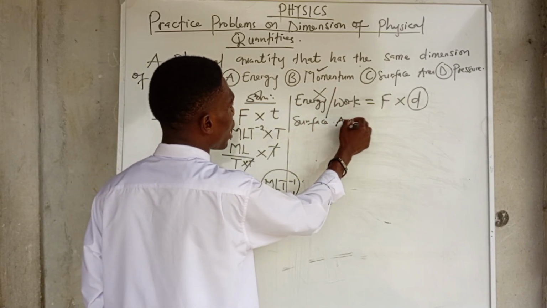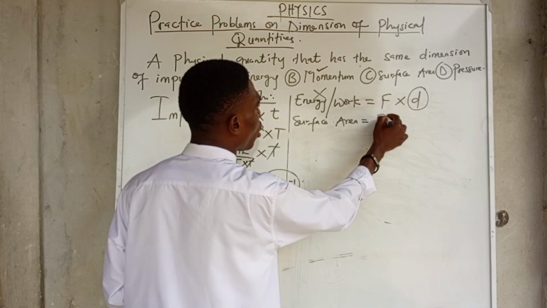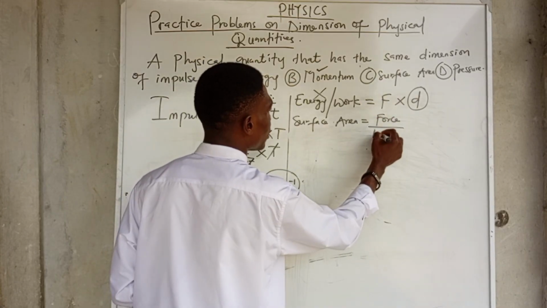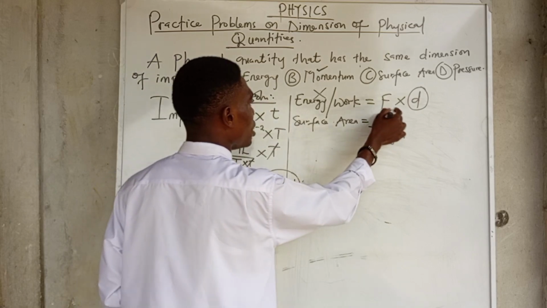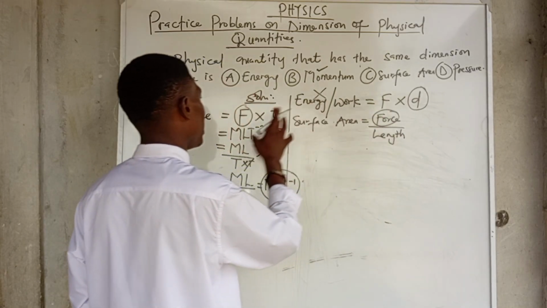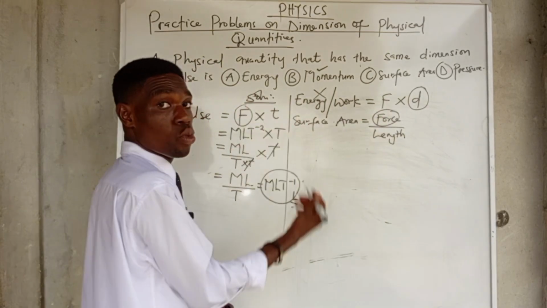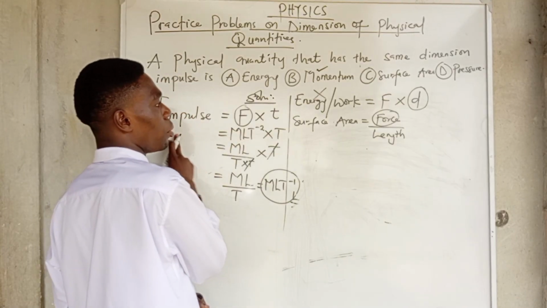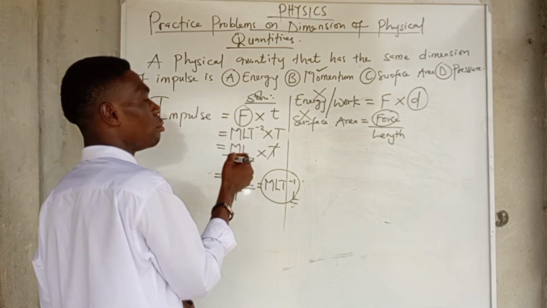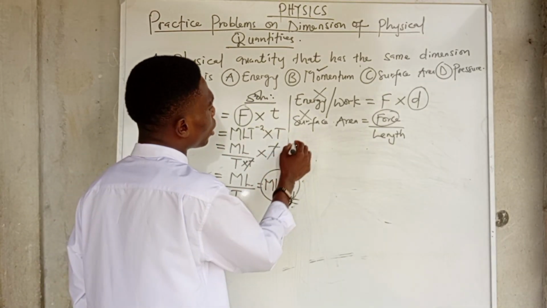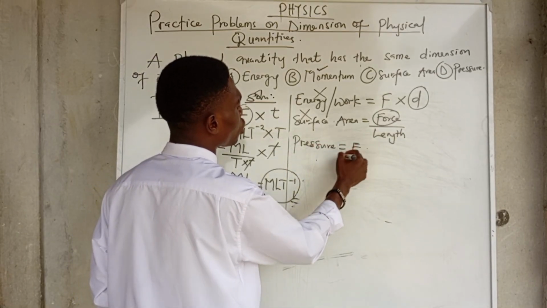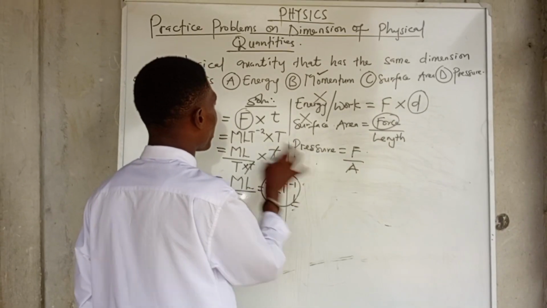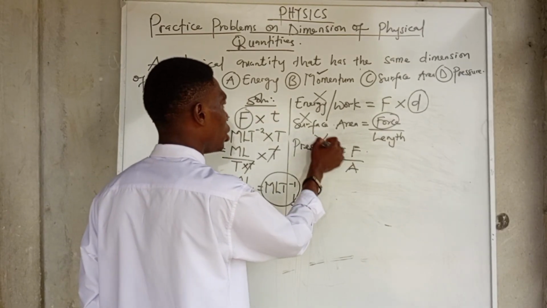Surface area is actually equal to force over length, and we are looking at force times time. This is force divided by length. It cannot happen that surface area will be in the dimension of impulse. And so it's also a wrong option here. And then looking at pressure, pressure is equal to force all over area. Force over area versus force times time, it is also the wrong option.